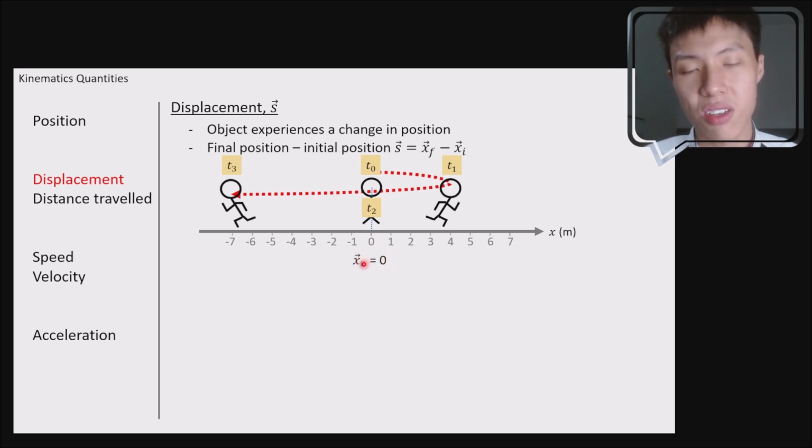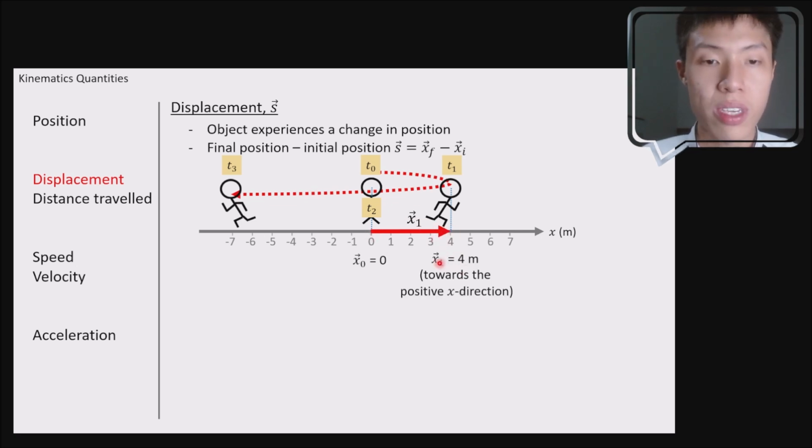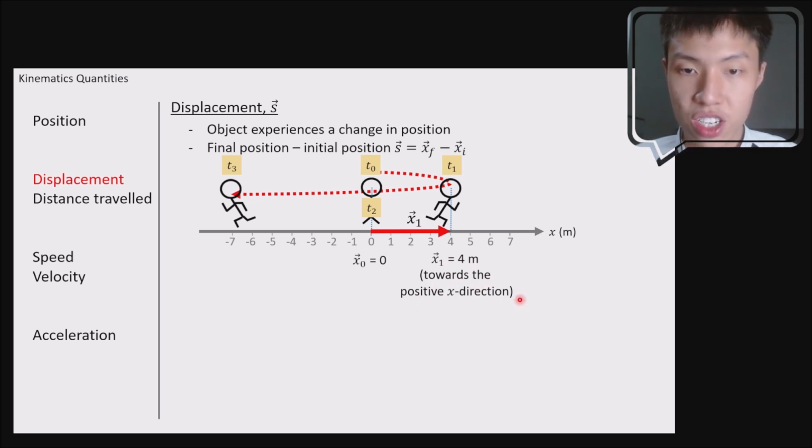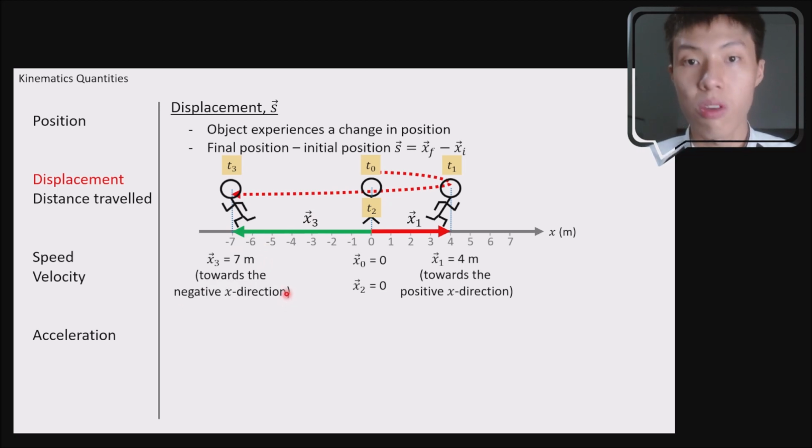If I write x0 over here, it means the position at time 0. Then at T1, the position will be x1, which we have already discussed in the previous video to be 4 meter towards the positive x direction. For T2, again, it's at the origin, so x2 is equal to 0. Whereas at T3, the position x3 is 7 meter towards the negative x direction. We have discussed this earlier in the previous video.